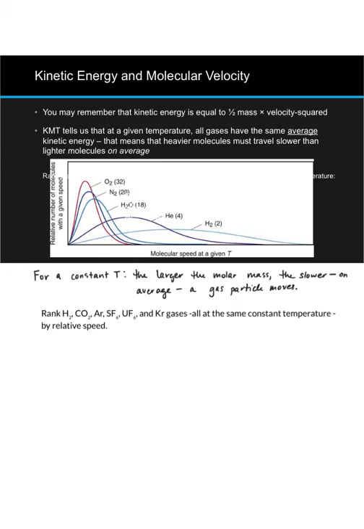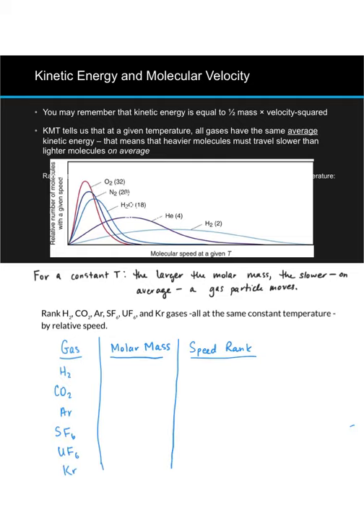I'm going to have a table that lists the gas, the molar mass of that gas, and then eventually a rank for speed. So you might want to take a few moments and fill this table out for yourself, then come back and see the results.